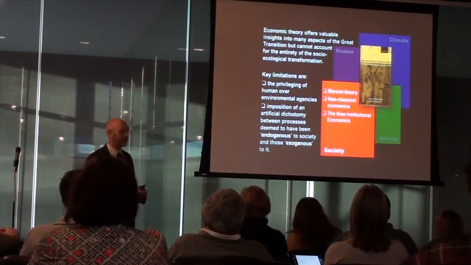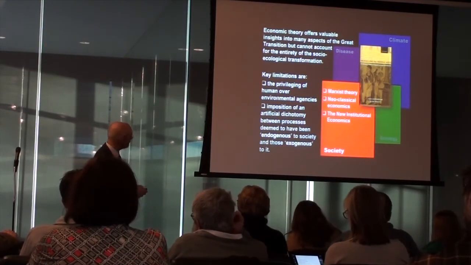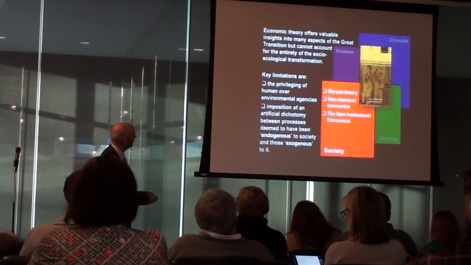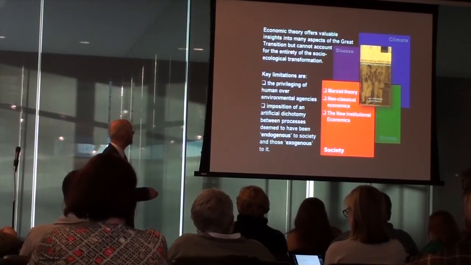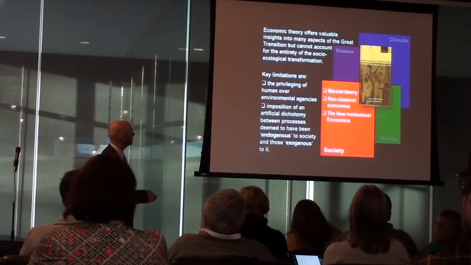The problem is that none of the concepts adequately deal with all of the variables, and because they're largely economic concepts of issues of property rights and class conflict, a balance between population and resources, Smithian growth, or the Ricardian diminishing returns, or the efficiency or otherwise of institutions.